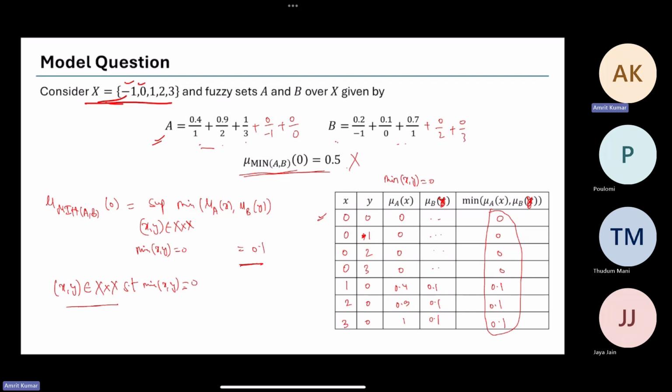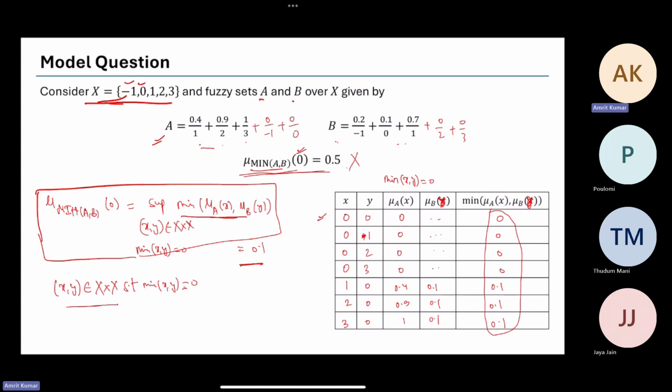So again, to summarize, we wanted to compute the membership of zero in this fuzzy set minimum of A comma B. A comma B are fuzzy sets over X, and we want to compute minimum of A comma B. This is how the membership function looks like. So we need to take supremum of this quantity over all pairs x comma y such that minimum of x comma y is equal to 0.